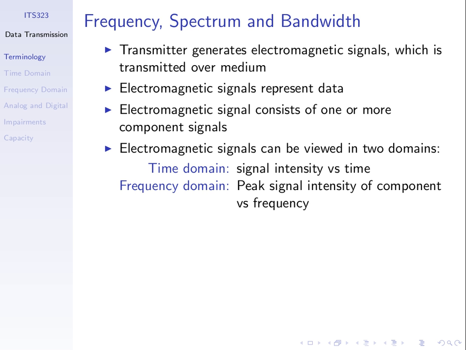In my Wi-Fi, my wireless LAN, I send some radio signals at a particular frequency. When I'm talking to you, we've got audio signals being sent eventually from the speakers to your ears. And all of those signals represent some data that we're trying to communicate.